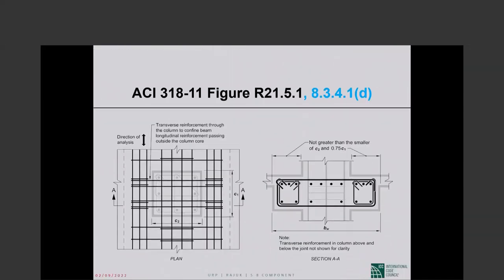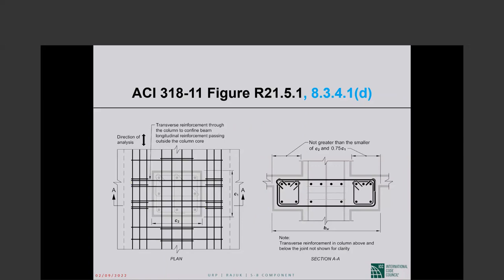Okay, that language is not easy to follow without this figure. So the subject here is when a beam framing into a column is much wider than the column, as shown in this picture. Okay, this is the cross section. This is the plane of the same thing. The beam is significantly wider than the column.